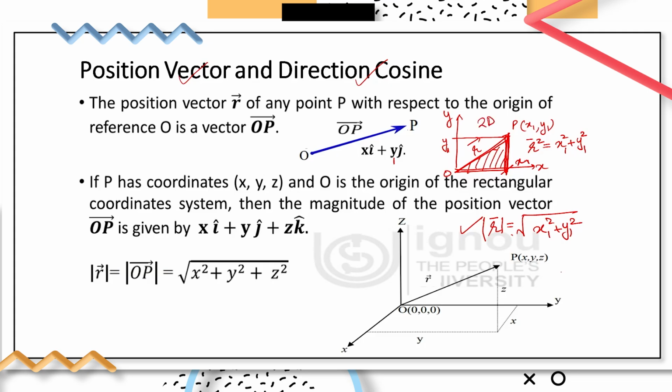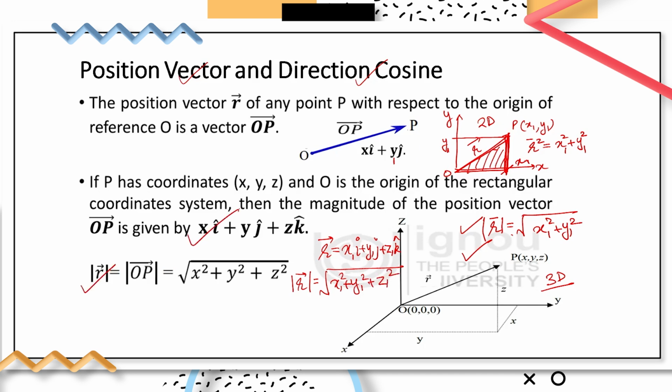In case it is a 3-dimensional space, likewise shown over here, the vector representation of R will be x1i plus y1j plus z1k. Therefore, the magnitude of R will be equal to square root of x1 square plus y1 square plus z1 square, which is given over here.